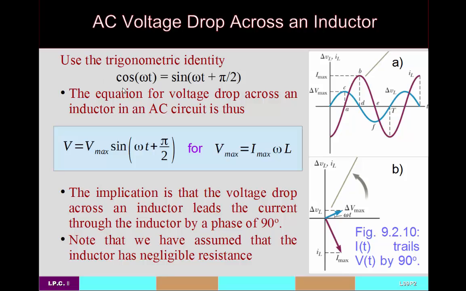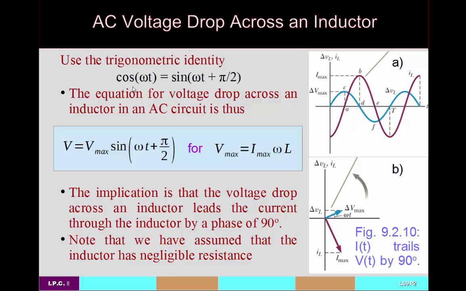So we can again use a trigonometric identity. This time the one that we use is that positive cosine of omega t is sine of omega t plus pi over 2, rather than the previous one that we used, which is that minus cosine omega t is sine omega t minus pi over 2.